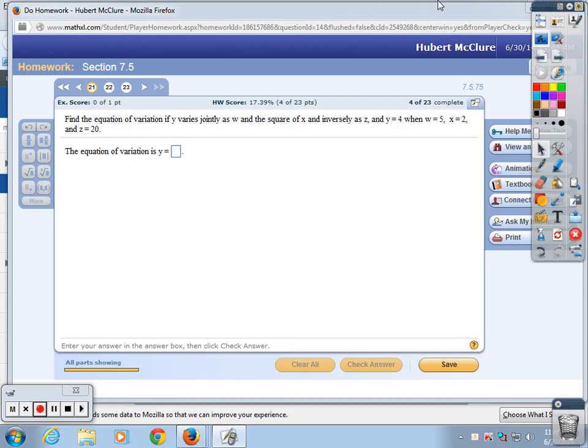So what's it going to be? I gave you most of it. Y is equal to k times w x squared over z. Sorry, forgot k. Yep, jointly and inversely, use them both.